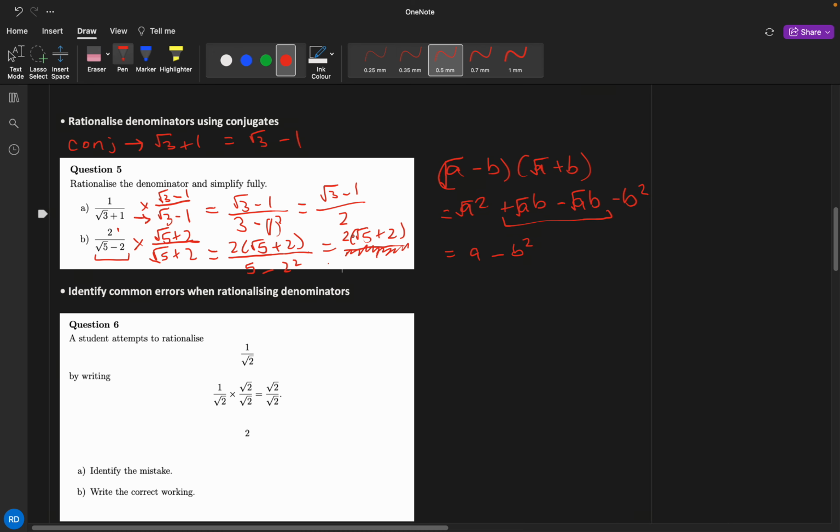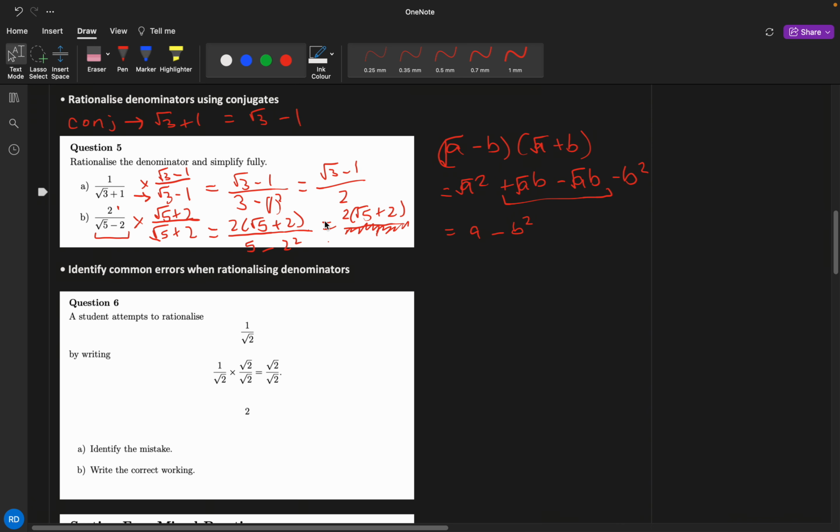If I were you, I would just leave it like this. Sometimes it's tempting to expand the 2 out, but since 2 is like a shared multiple or factor, it's just easy to keep it out the front, and that is technically the simplified version rather than expanding it out. So that is how you do those two.